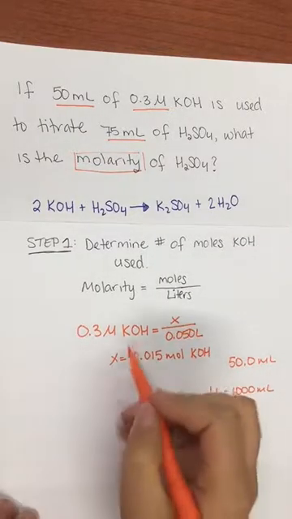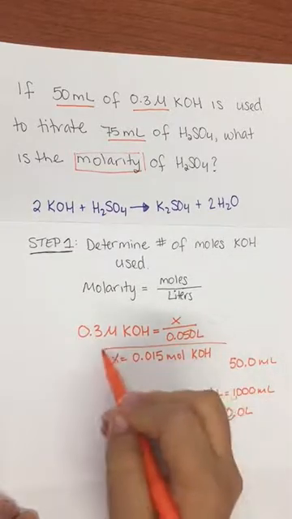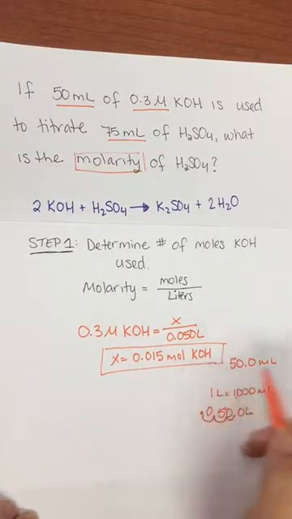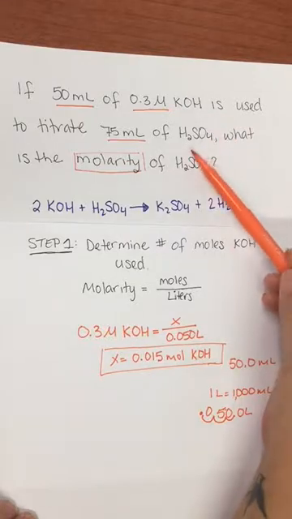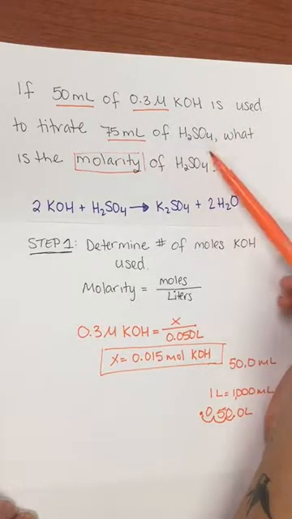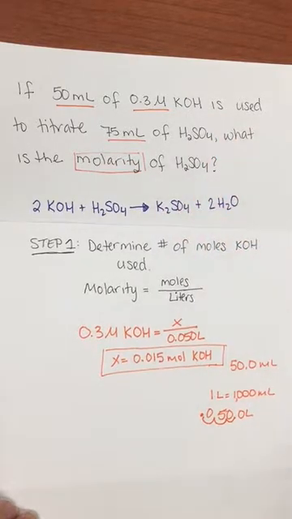So that's how many moles of KOH were added to the beaker of H2SO4. That's a pretty good start, but that doesn't tell me how many moles of H2SO4 are there, which is what I'm going to need in order to calculate my molarity.